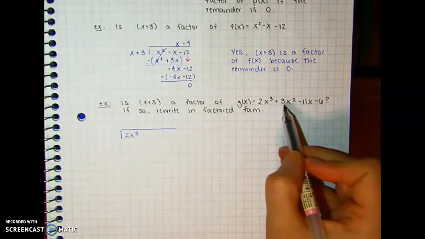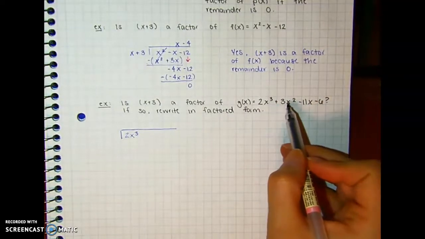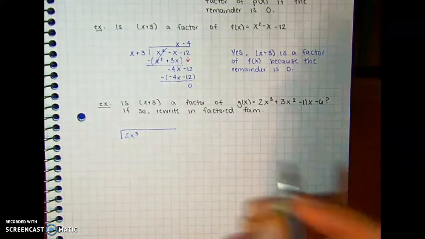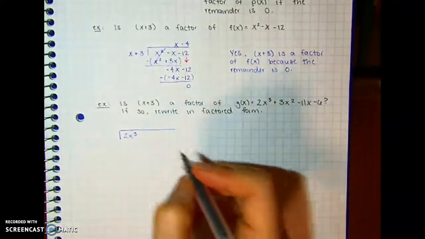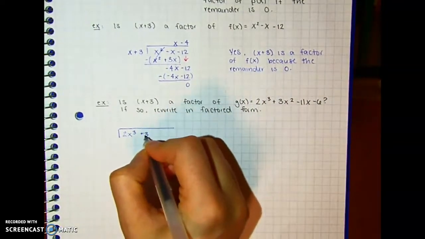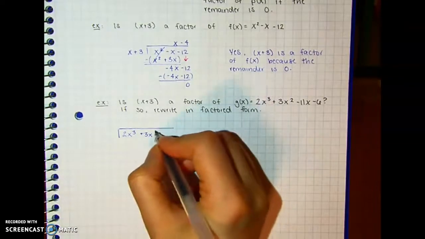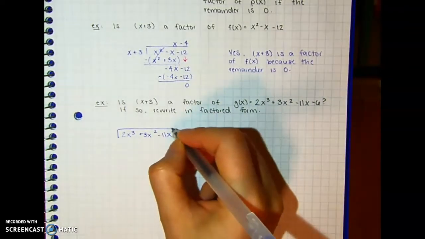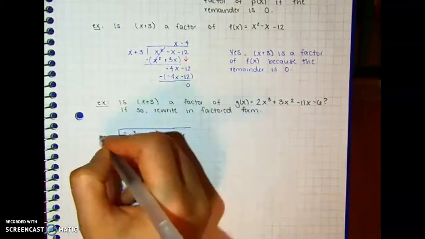So we go cubed, squared, right? X to the third, x to the second power, x to the first power, x to the 0 power. So we do have a term for each place. So we're going to do 2x cubed plus 3x squared minus 11x minus 6. And then to the left of the division symbol, we put our x plus 3.